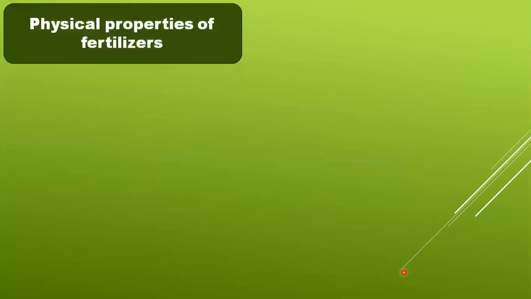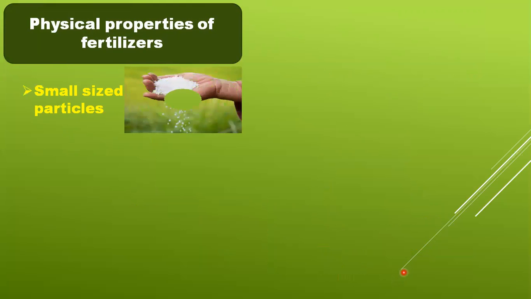Now come towards the physical properties of fertilizers. What should be the physical properties of fertilizers that make them best to use? So the particle size should be small. We should use small sized particles. Why? Because small sized particles readily dissolve in water.